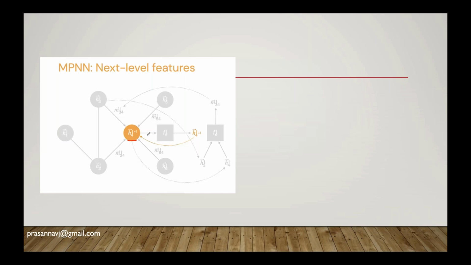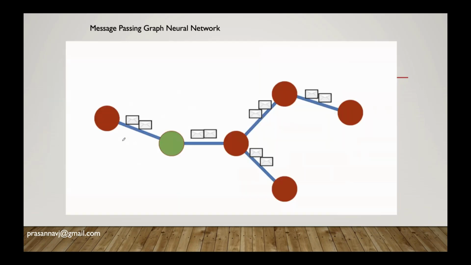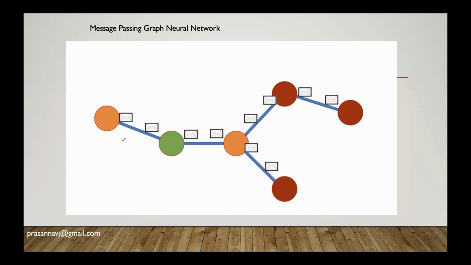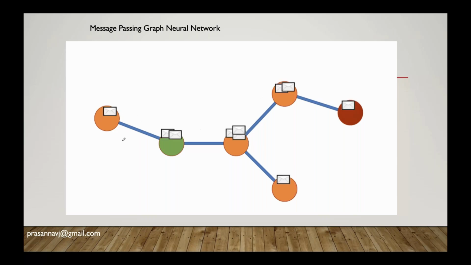You will repeat this process for all the nodes that are connected. When you complete this message passing, all the nodes will have updated information with the message. The message consists of not just the node specific information, but its edges, and also a weightage to the kind of information that is being exchanged between them. That is called a message passing graph neural network.